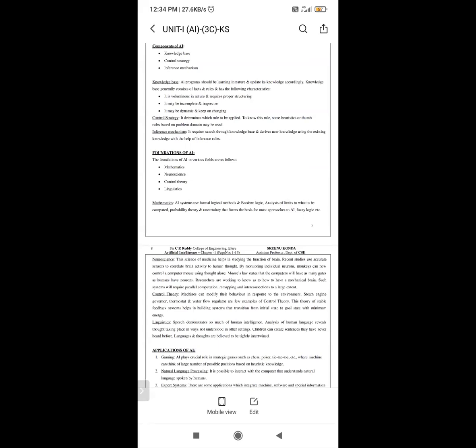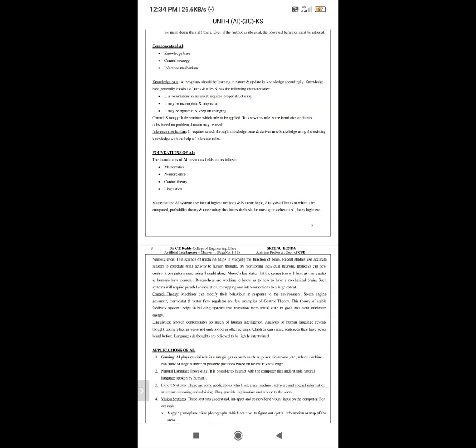Okay, the next second one is neuroscience. In neuroscience, so neuroscience is nothing but the science of medicine field. So in medicine field also we're going to use artificial intelligence.